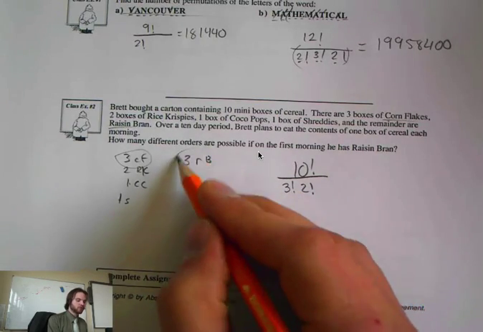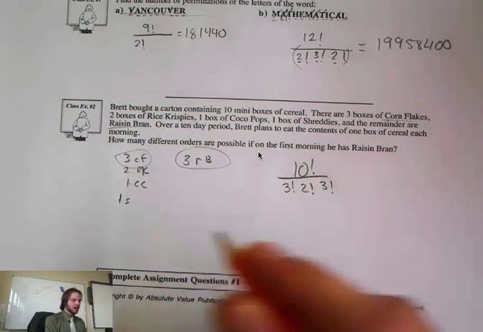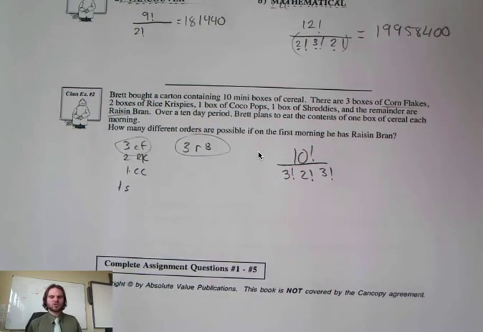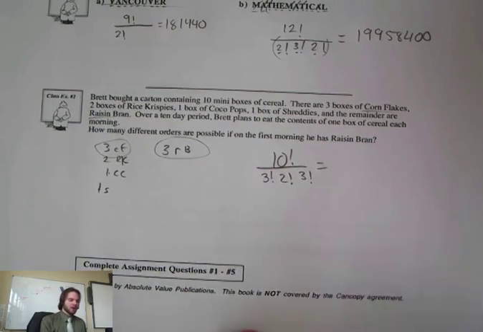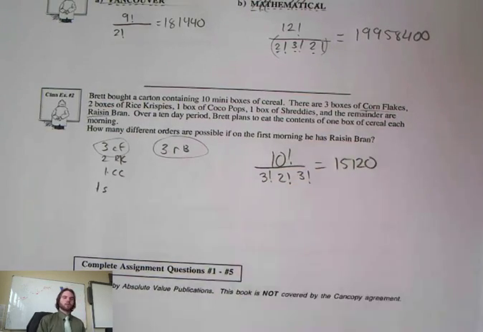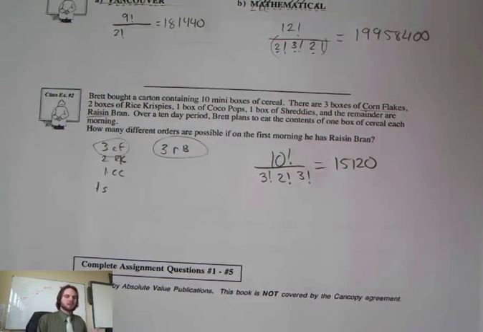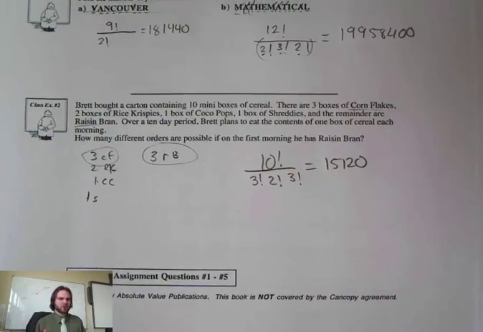And then we have 3 Raisin Bran. Okay? I could put the 1 factorial. The 1 factorial is just 1, so that's kind of like a waste of work and effort. So now I plug that all into my calculator, and I'm going to end up getting 15120. Okay? There we go. So that's not that bad so far, is it? Pretty simple. Just we take a repeater and we go over.